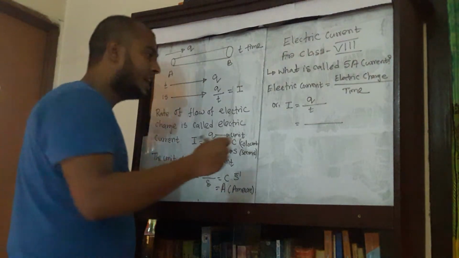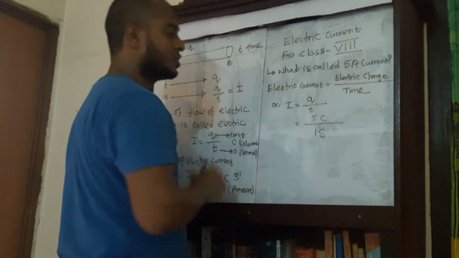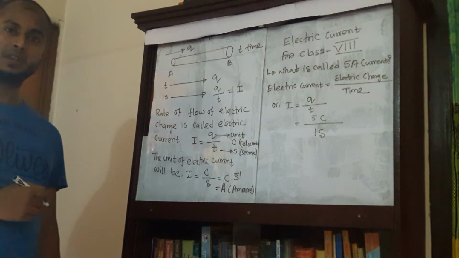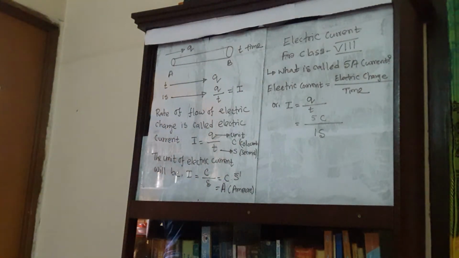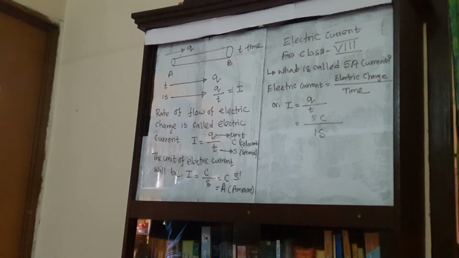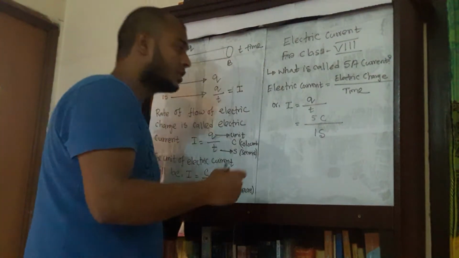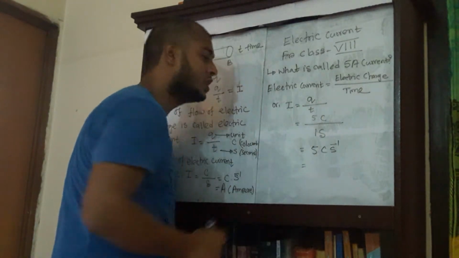So if I say that after 1 second, 5 coulomb charge flows through the conductor, then the division here is 5 coulomb per second, and this coulomb per second will equal ampere.